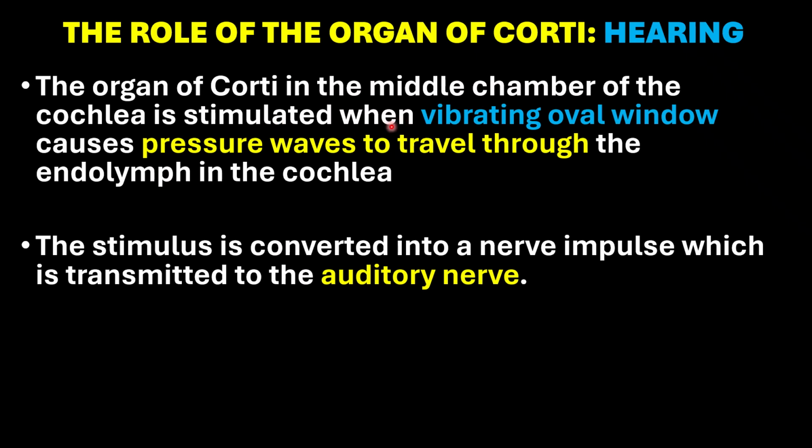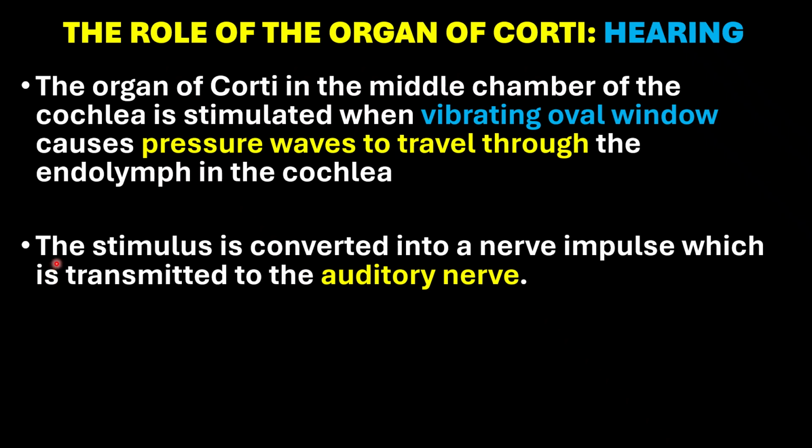It becomes active when the vibrating oval window causes pressure waves to travel through the endolymph of the cochlea. The cochlea is filled with a fluid called endolymph. The moment the stapes hits against the oval window and the oval window begins to vibrate, the vibration creates a wave pattern, like when you drop a stone in water, it creates a wave. This wave pattern travels through the endolymph in the cochlea.